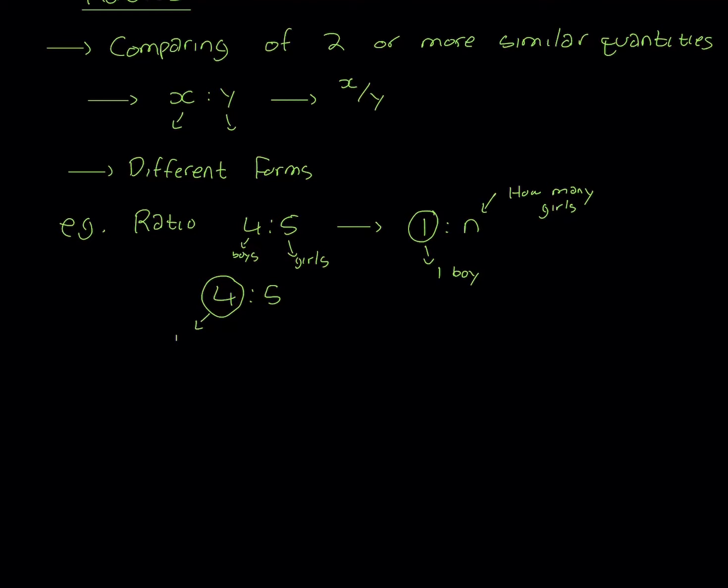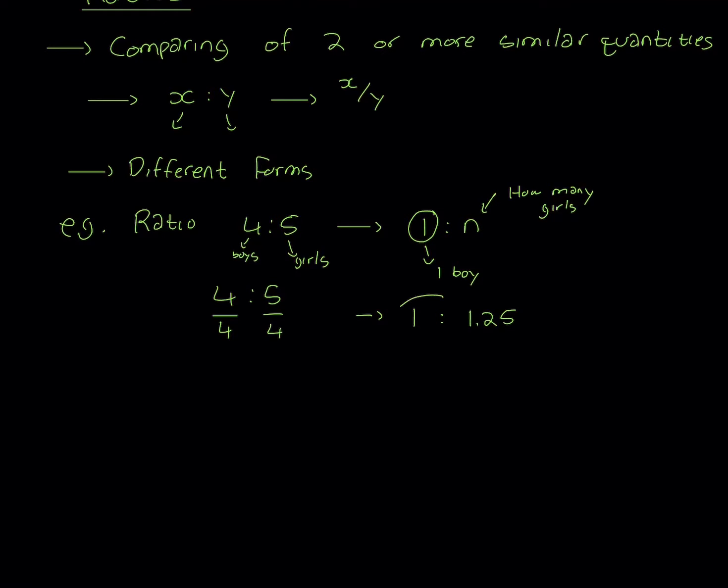Okay, so we say 4, which is here. To get 1, you divide 4 by 4, and you get 1. So what you do on this side, you do the same. This gives you 4 divided by 4, 1, and 5 divided by 4 is 1.25.